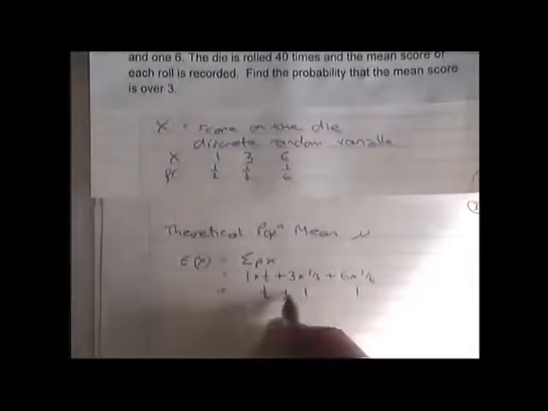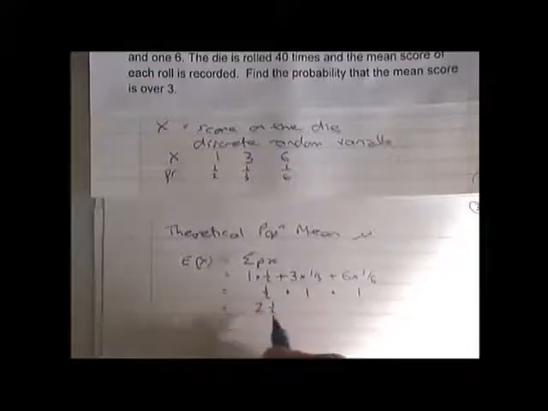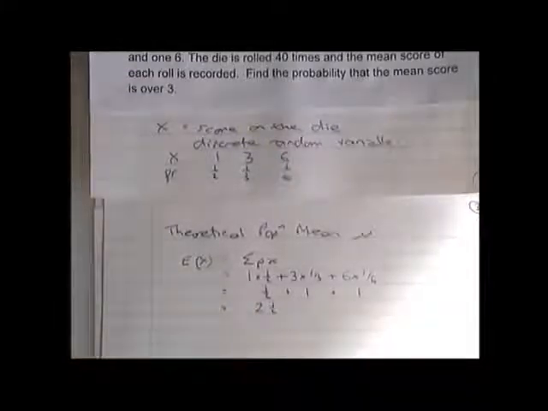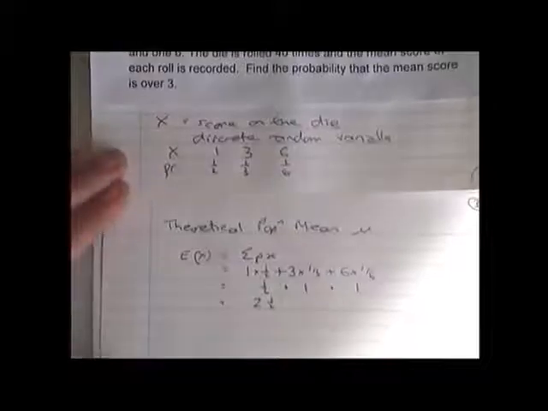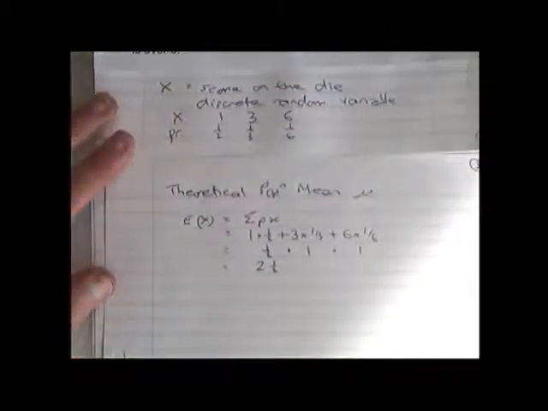That's a half, that's 1, that's 1. So add those up, we should get 2.5. So in theory, the mean score is 2.5. We don't know what's going to happen on our throws, but it's going to be 2.5 in theory. That's like here the population mean, the theoretical mean, if everything is known and measured.